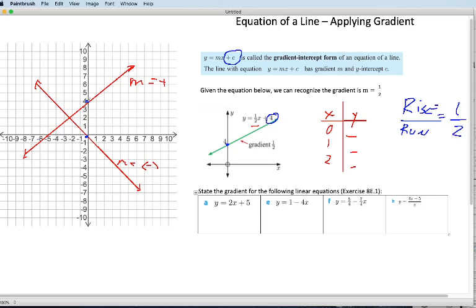Starting from this point 4, which I choose because I have my y-intercept now, that's my value of c, I can rise 1 and run 2, and then I can put a point. And then I can rise again 1 and run 2, and put another point. So all I'm doing is counting 1 up and then 2 forward, and I continue putting points from my y-intercept.